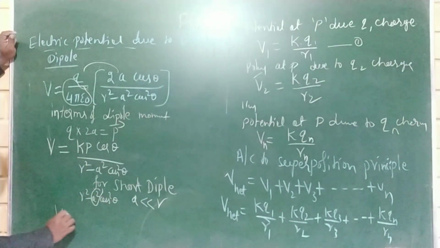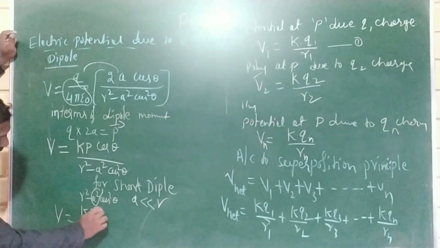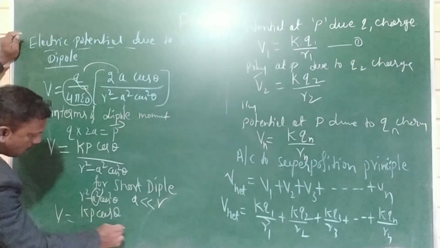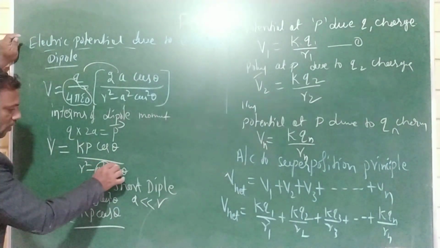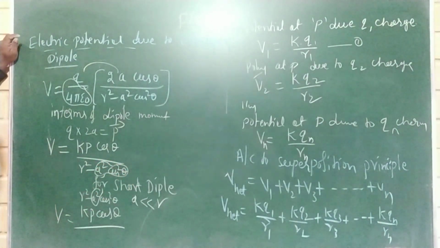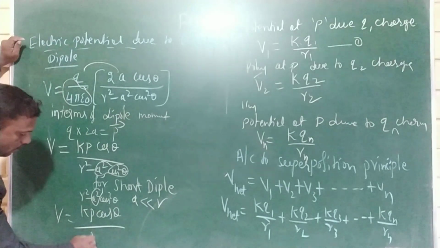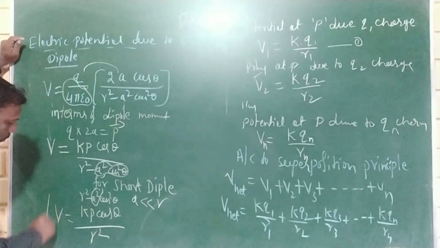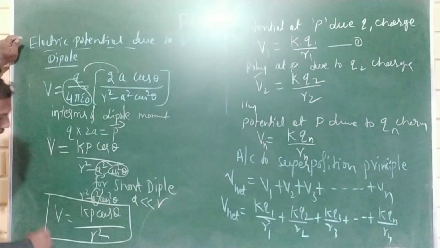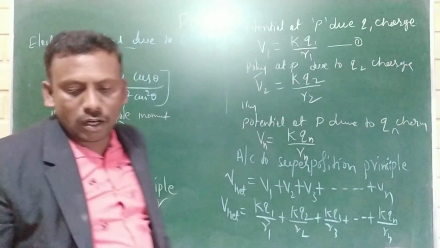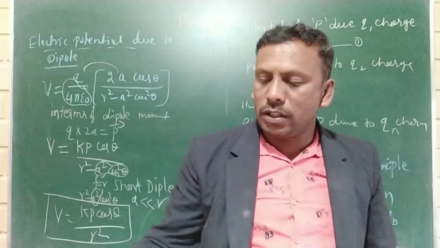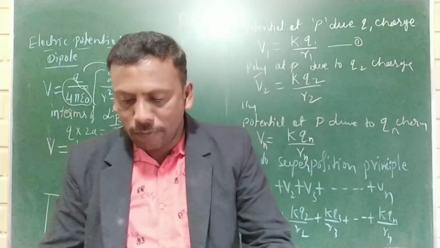Therefore, V is equal to kp cos theta divided by r square. V is equal to kp cos theta divided by r square for a short dipole. Clear?